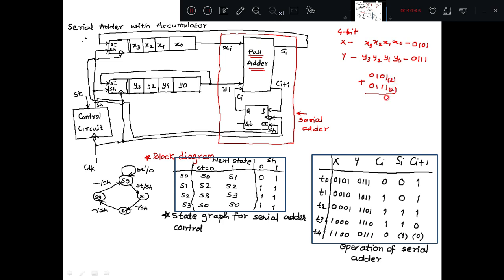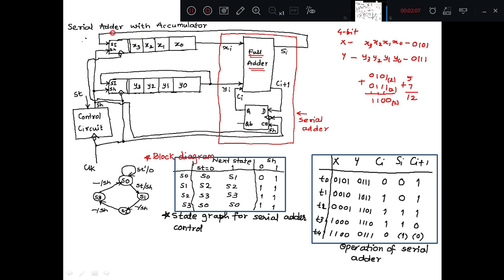Binary addition: 1 plus 1, sum is 0, carry is 1, again sum is 0, carry is 1, sum is 1, carry is generated. So when you add 5 plus 7, you should get 12 in binary.